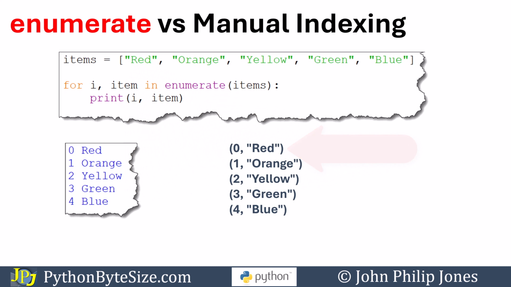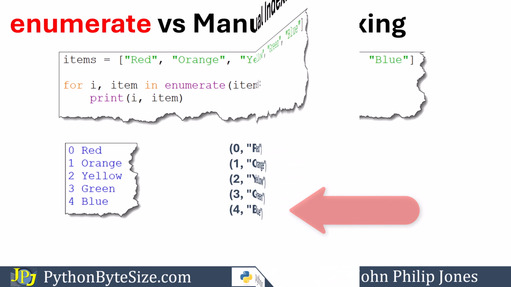The enumerate will look at orange and know that is in index position 1, and it'll put the 1 here and orange. And of course, if I go to the last item in the list, this one, what the enumerate will do, it'll produce this tuple pair because blue is in index position 4.